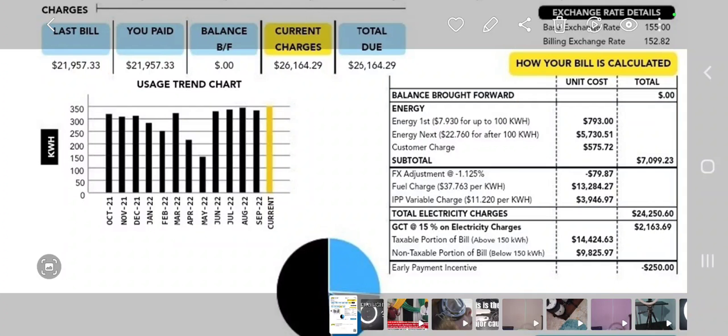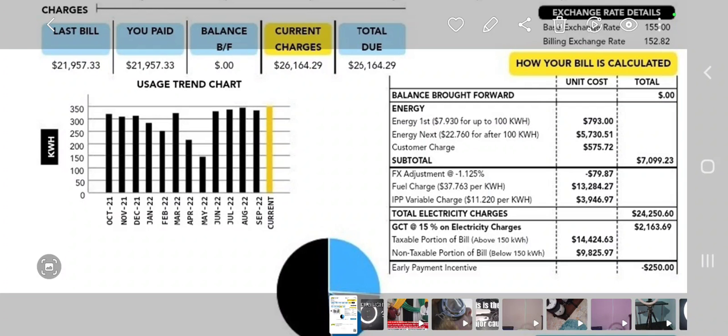The rest of the usage is at a rate of $22.760, which is a big difference. But how many persons are going to use less than 100 kilowatt hours for the month? Barely any customer.